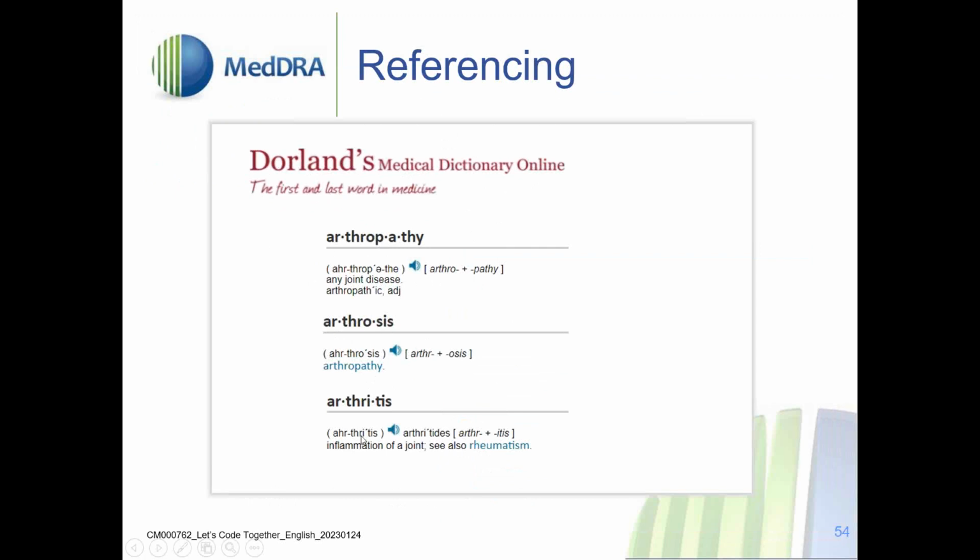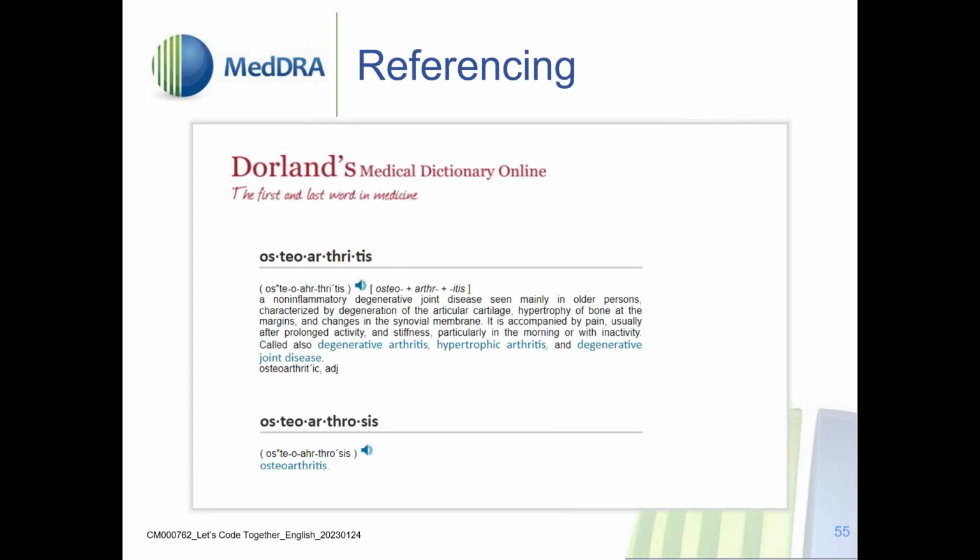Arthritis, of course, is a different medical concept. It relates to inflammation of a joint, and we had an arthritis example with our juvenile systemic arthritis before. And here is the definition of the other two medical terms used in our poll suggestions. Osteoarthritis is a non-inflammatory degenerative joint disease, mainly in older persons, and it relates to the degeneration of the articular cartilage.